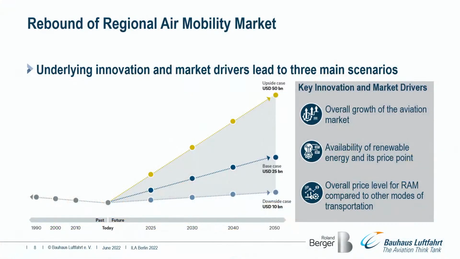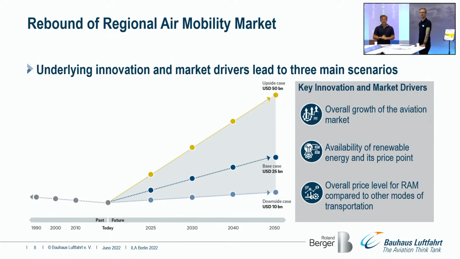And then we also looked at the overall market. So the drivers that I just outlined are the foundation. And then we have three key dimensions that need to be met. First is that the aviation market needs to grow continuously.